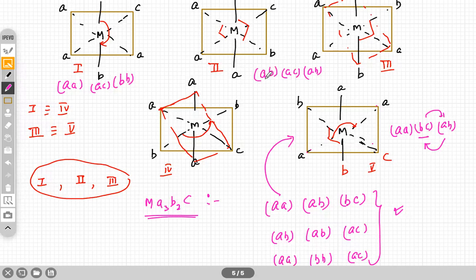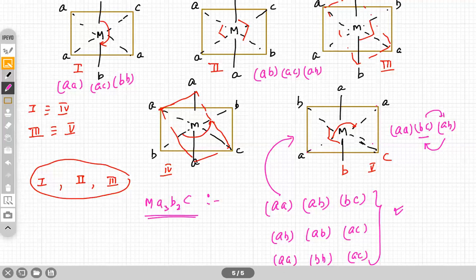So like this you can frame different pairs of two ligands at a time, and three groups you need to form since it is octahedral. Did you understand this? It gives you the number of isomers that you get.